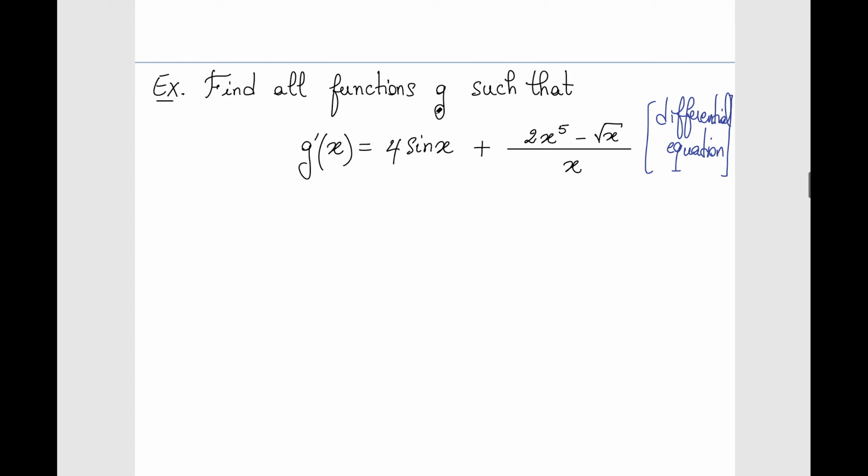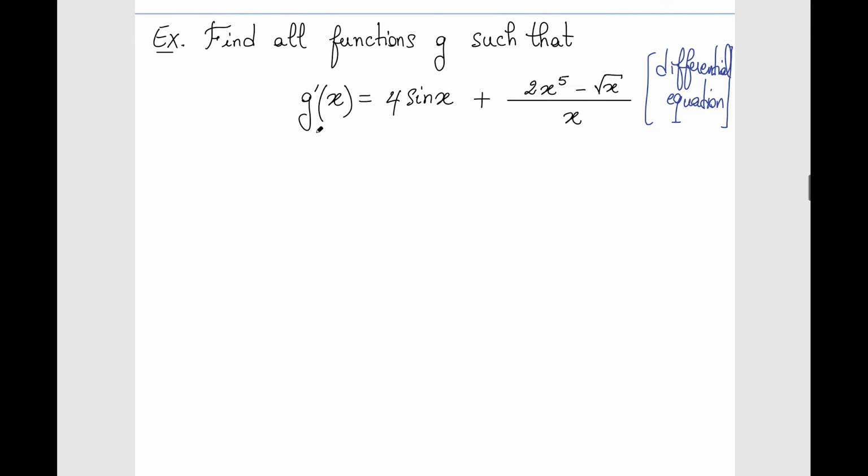I want to find g so that if you differentiate g, you get 4 sine x plus the quotient. So we're going to find all primitive functions of this guy. We want to find all primitive functions of the sum, correct?